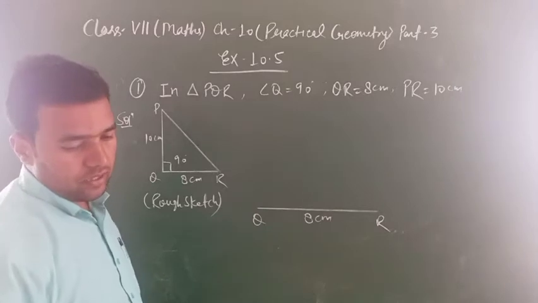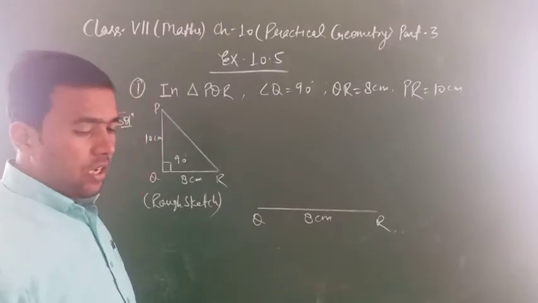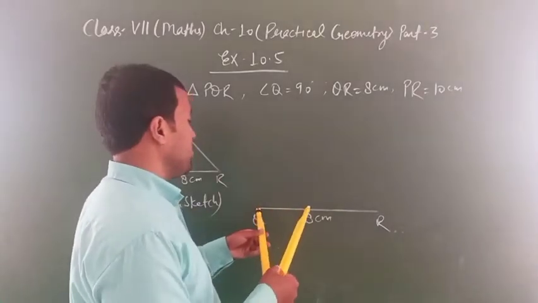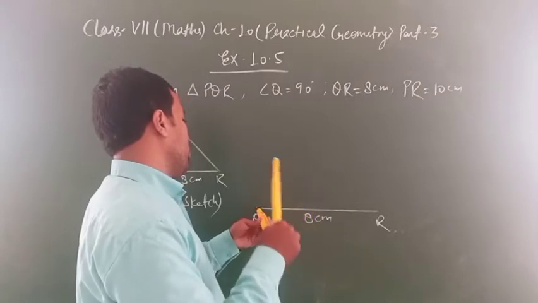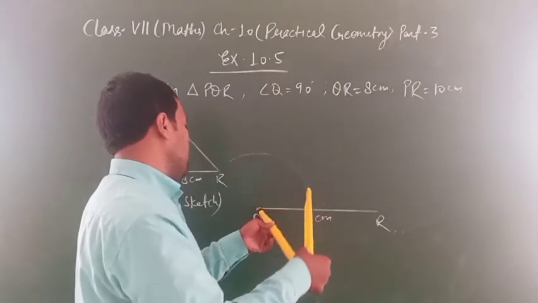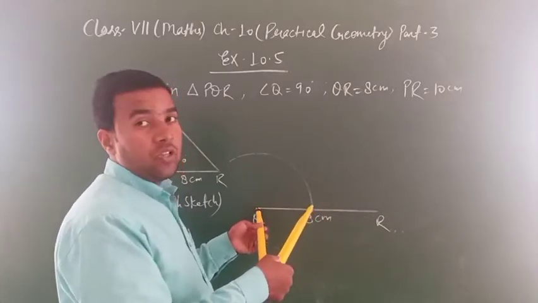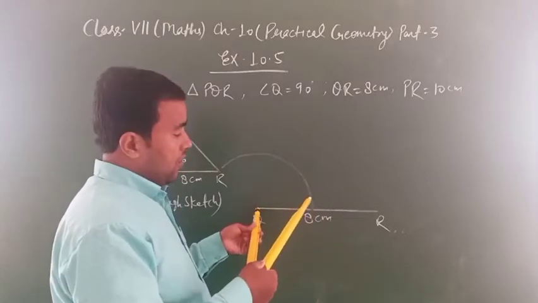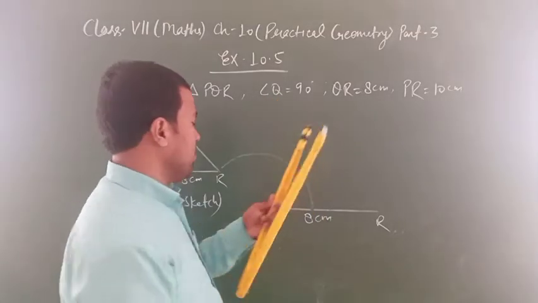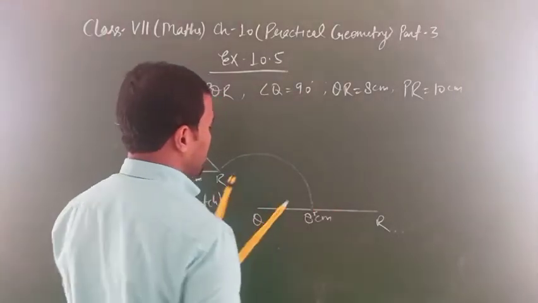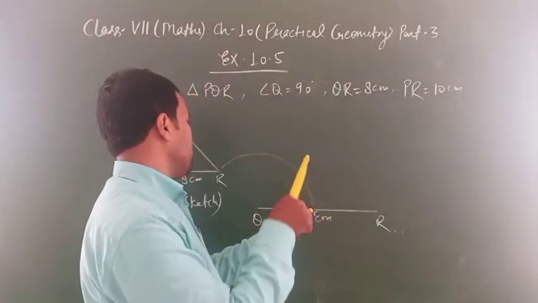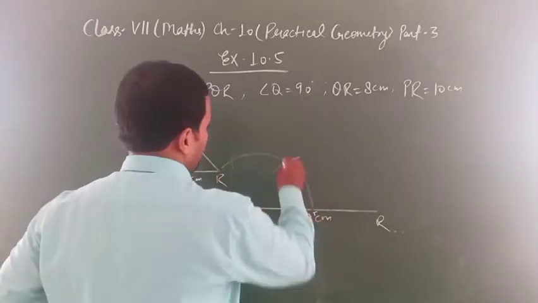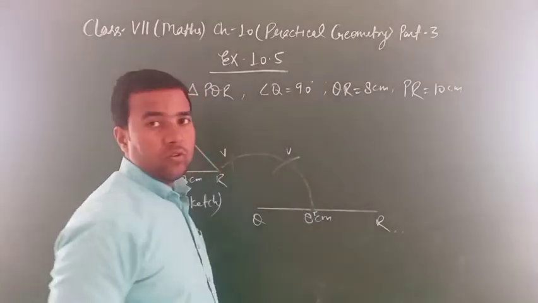QR 8 cm. Clear? After that, on Q a 90-degree angle. The 90-degree angle, in the previous part I told you, with Q as a center, and we will take from Q more than half distance. Clear? With any radius. Clear? Whatever radius you have taken from Q to T, okay, that is fixed. From T one arc here and one arc here, means U, V. Okay.